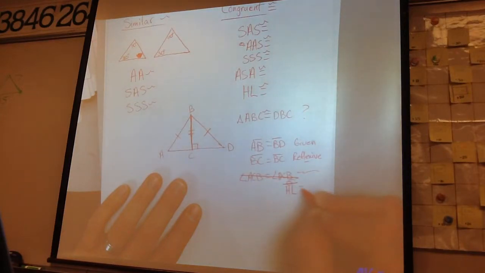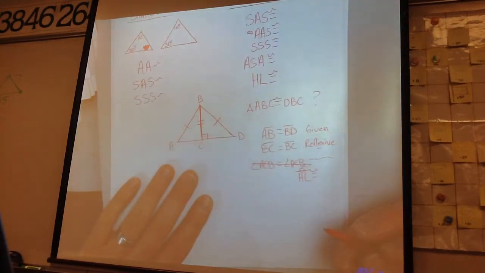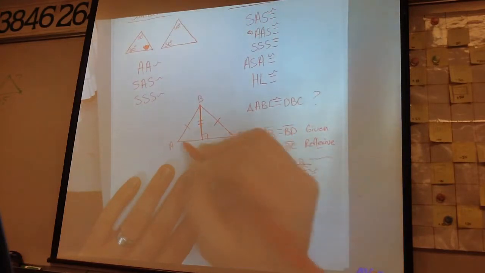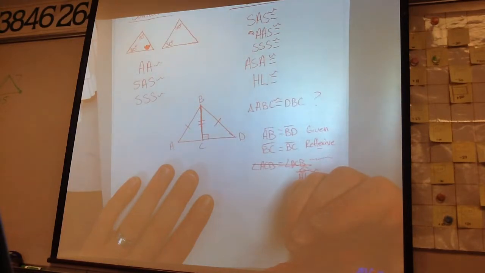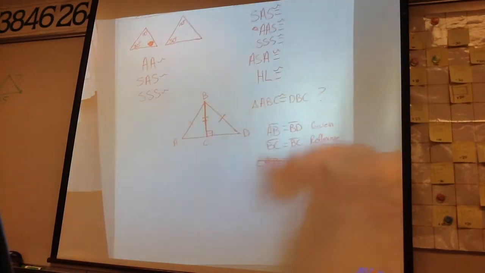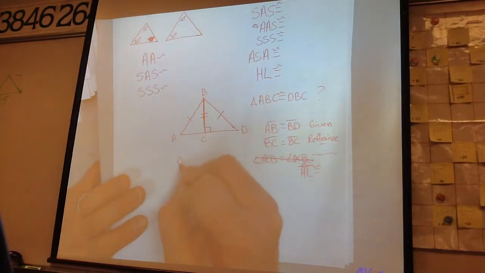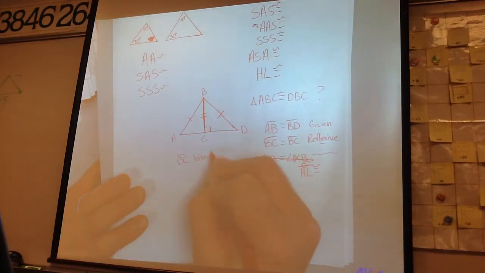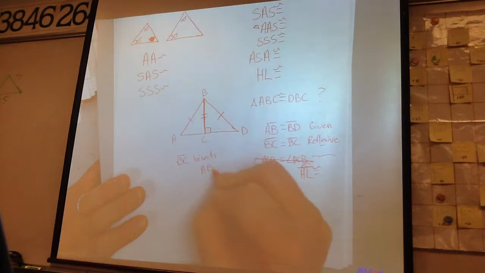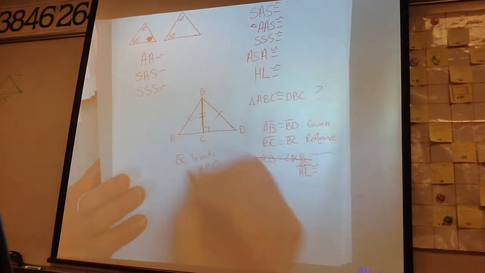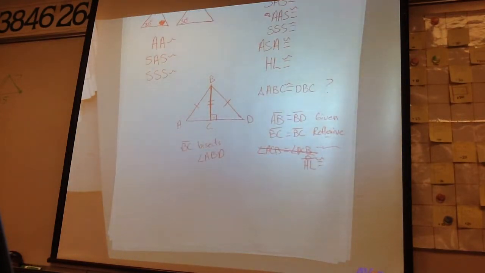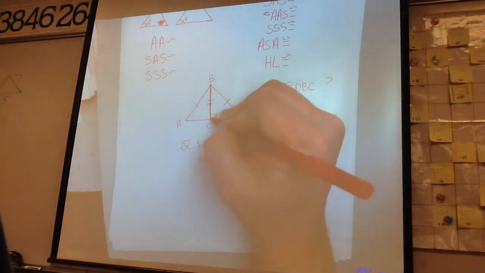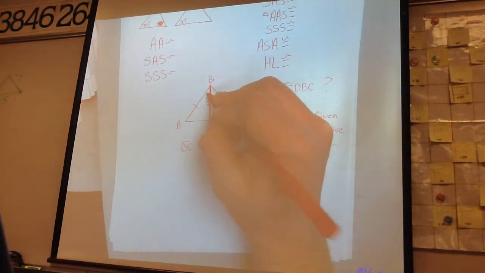Does ABC equal CBD? Not necessarily. You cannot say that those are equal, because you don't know anything about why they would be. Sometimes the problem will tell you, it'll be given, it'll say BC bisects ABD. Bisect means it splits it into two equal parts.